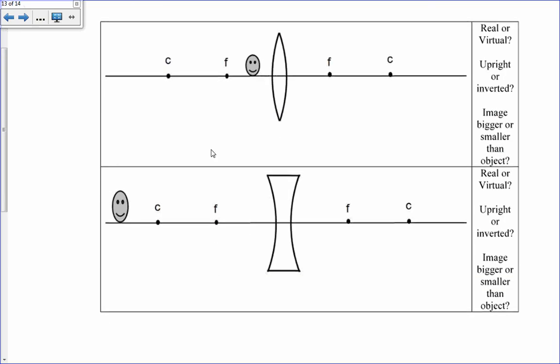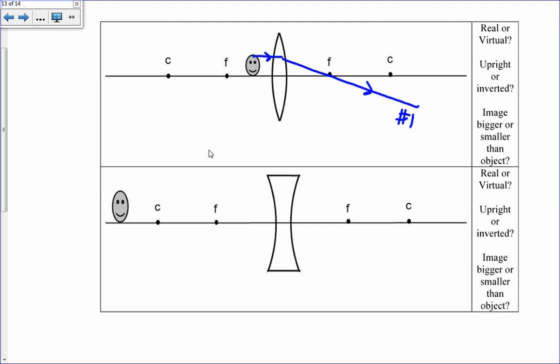All right, this one's a little trickier. Parallel to the axis and through the focal point. Now through the focal point, that's number 1, and parallel to the axis.